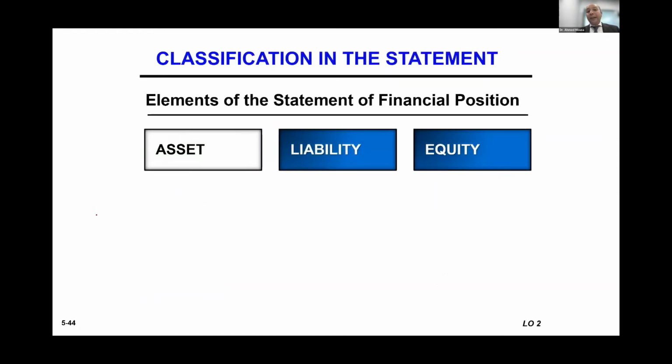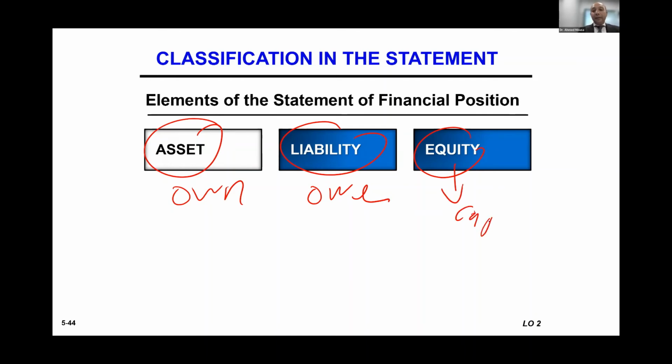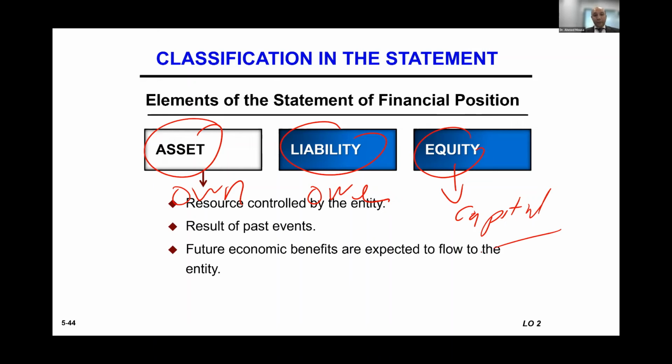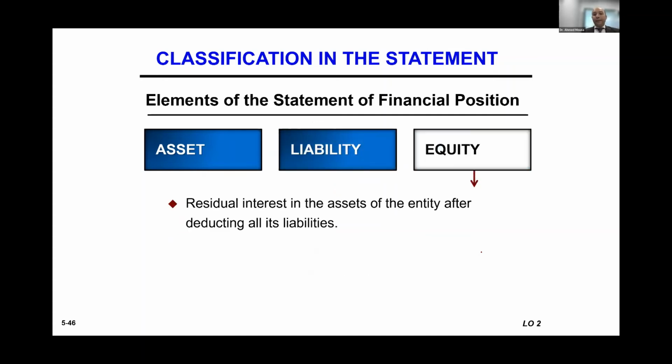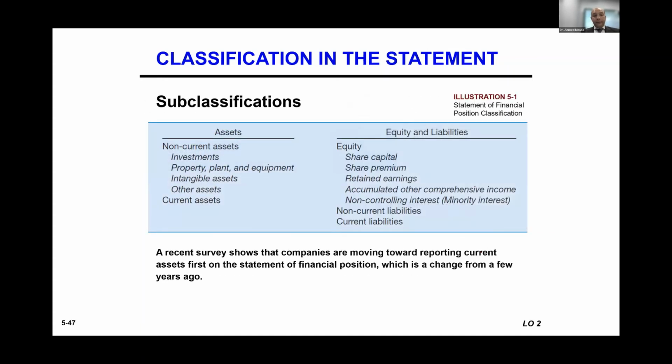So what is the classification? You have 3 categories in the statement of financial position: assets, liabilities, and equity. The assets are what the company owns, liabilities are what the company owes, for example to the vendors or to the bank, and equity is the capital invested by the owner. For the subclassification, once you have the slide you can review it in depth.